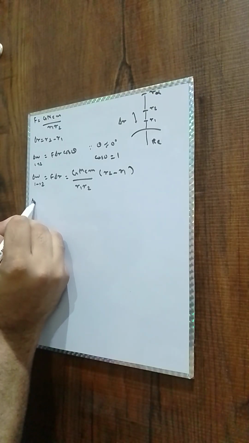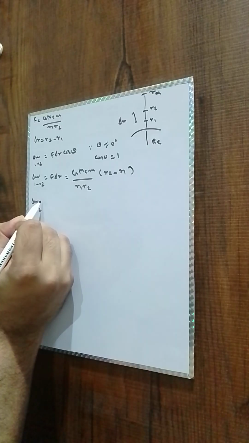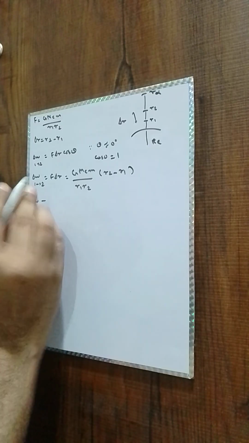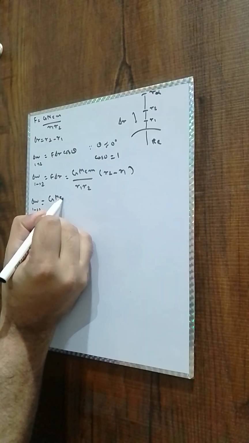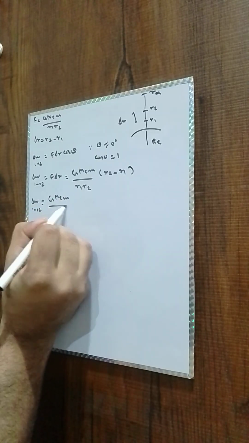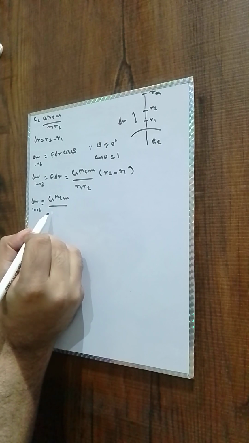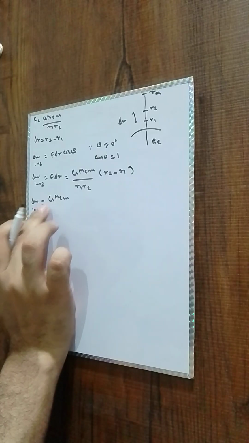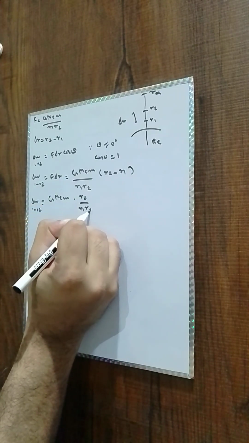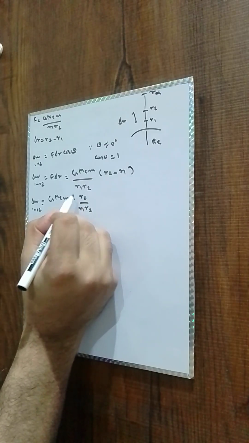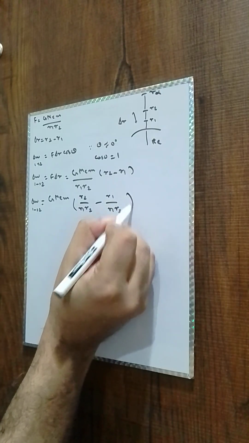So you see what we're left with is differential work from 1 to 2 is equal to G Me m into R2 by R1 R2 minus R1 by R1 R2.